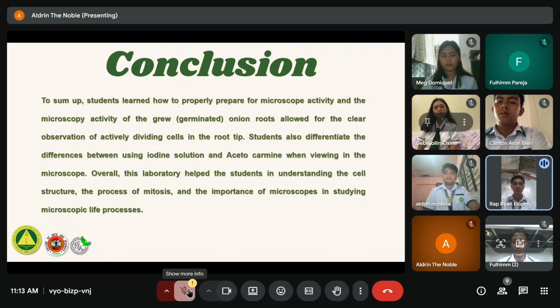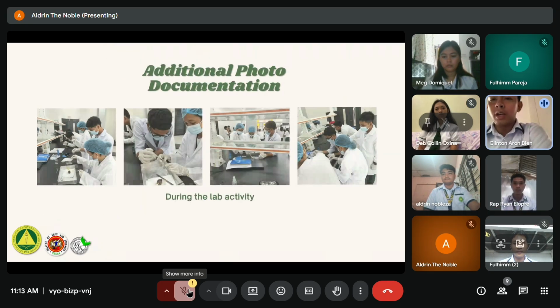In this activity, students learned how to observe the different stages of mitosis, which allowed a clear observation of how cells actively divide. Overall, in this laboratory activity, the students learned how to identify each stage of mitosis using a microscope, and the difference between using iodine solution and acetocarmine.